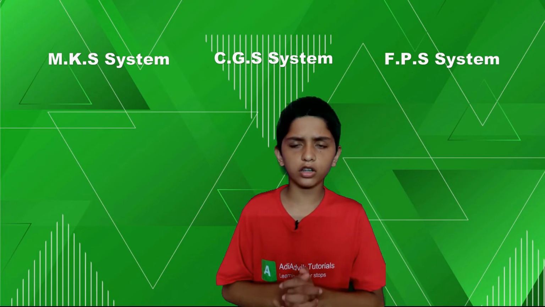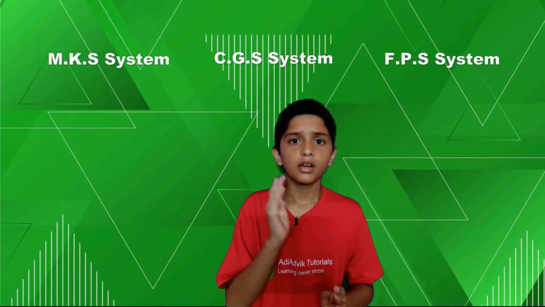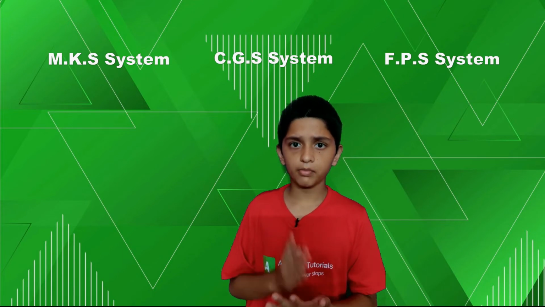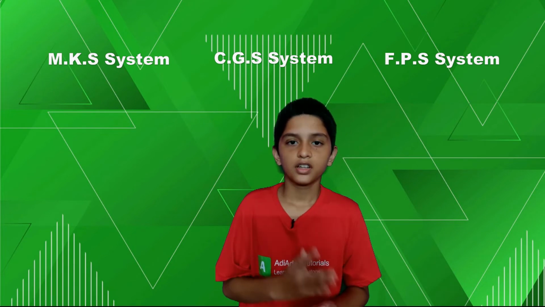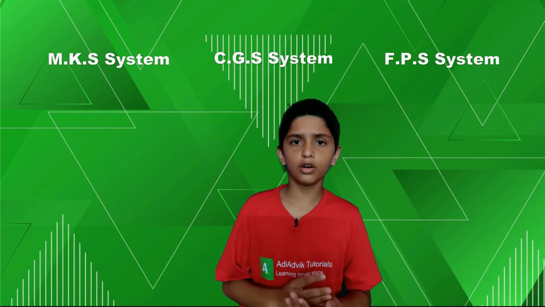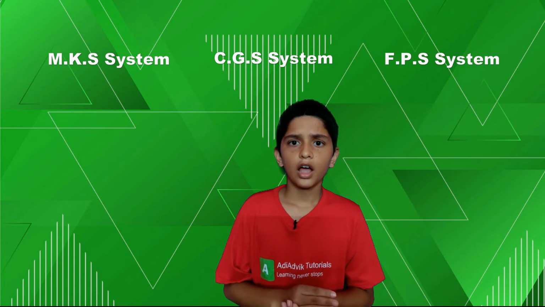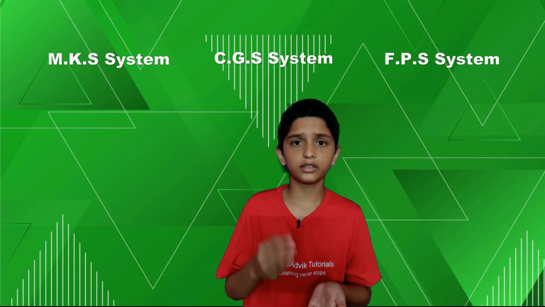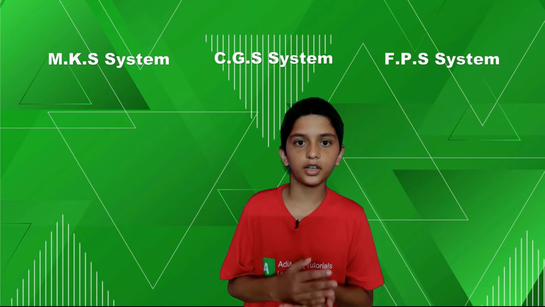Like that you can also guess CGS means centimeter, gram, second. In this system, centimeter is used, gram is used and second is used. These are the common units we use in this system.